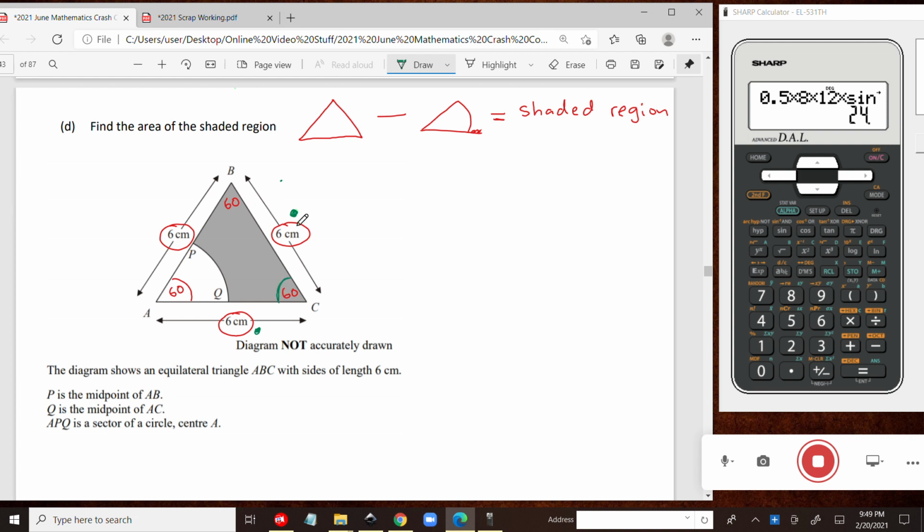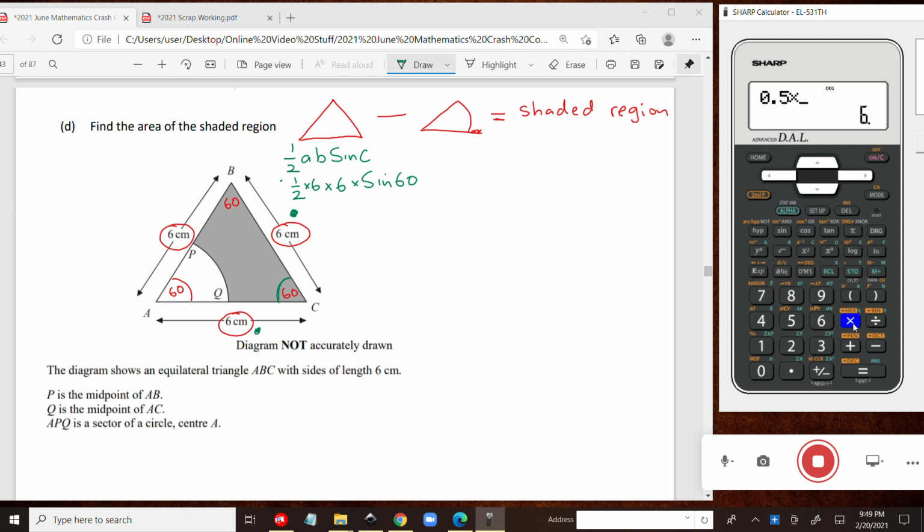So the area of this triangle is a half AB sine C. The 2 sides I'm choosing is 6, so it's 6 multiplied by 6. And the angle in between those 2 sides is 60. So let's type that on our calculator.